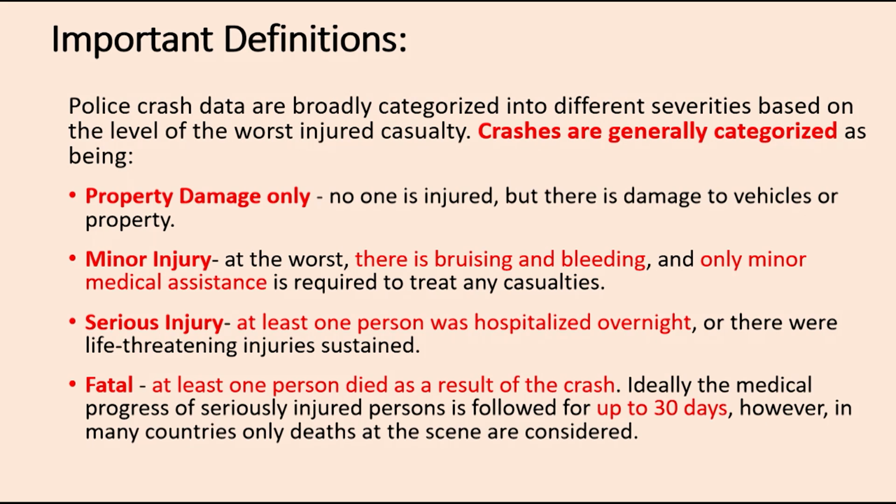Fatal accident, where at least one person died as a result of the crash. It is not necessary that the person died on the spot; even within 30 days of the accident, if that person died because of that impact, it should also be accounted as a road accident death.